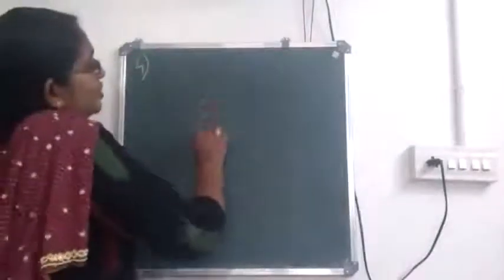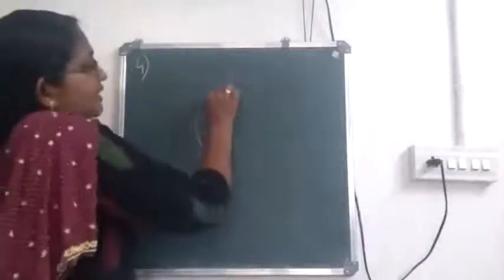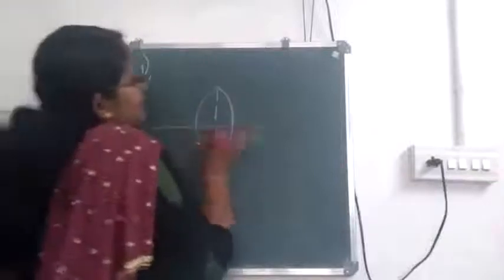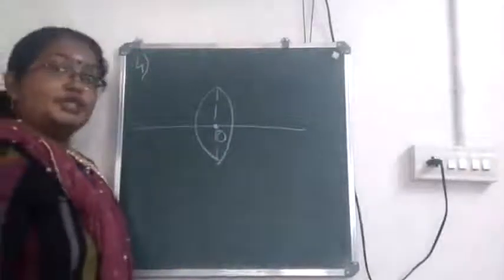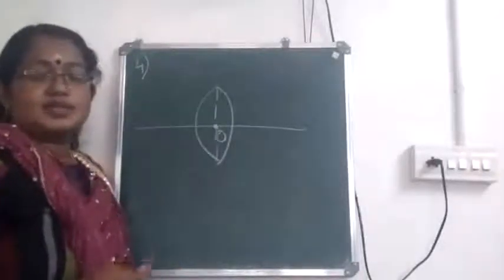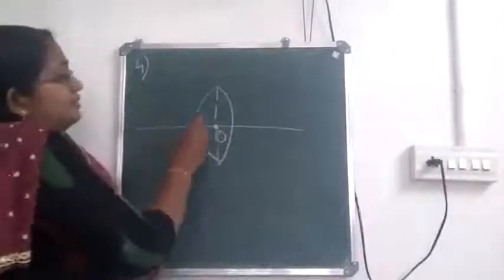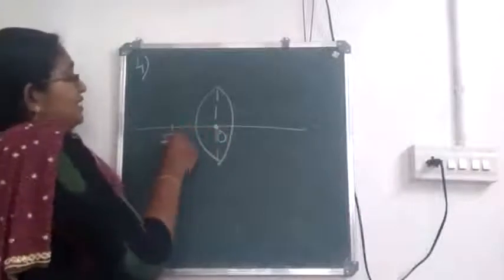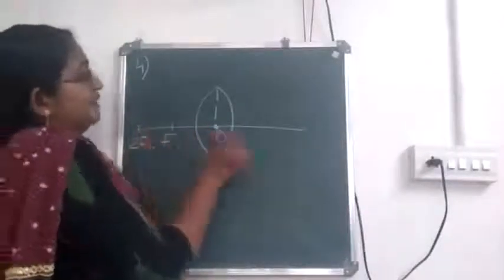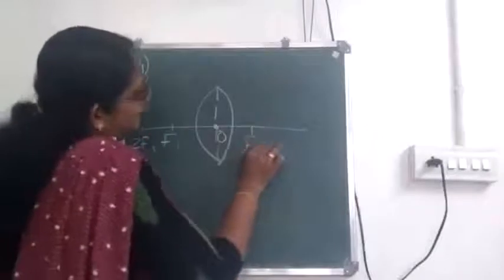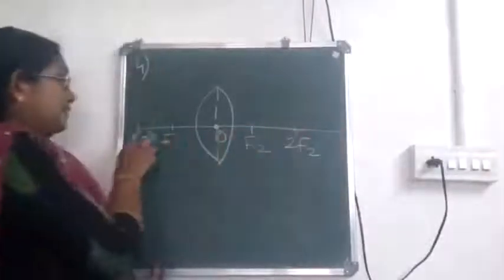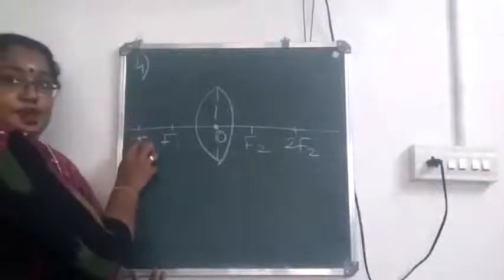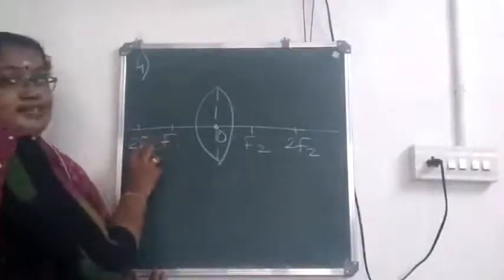Okay. So here also, last case where did we keep the object? Object was placed at 2F1. So in this case where should I keep the object? Here it is F1. Here it is 2F1. F2. 2F2. So in the previous case, the object was placed at 2F1. So which is the next place?